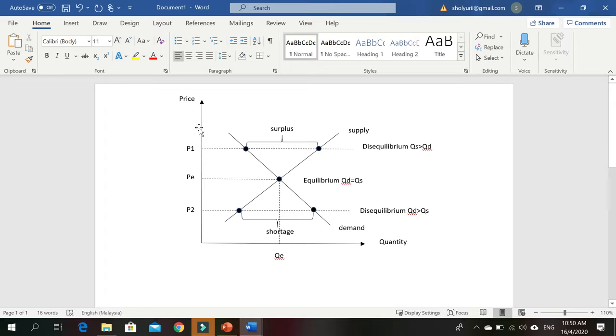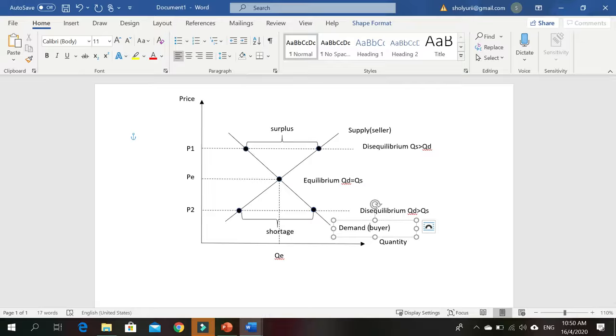Okay, this is market. Kenapa saya kata market? Because dalam diagram ni, kita ada both the supply curve representing the seller, and kita ada the demand curve, yang downward slope ini demand curve representing the buyer. Okay, so both the buyer and seller is in here.